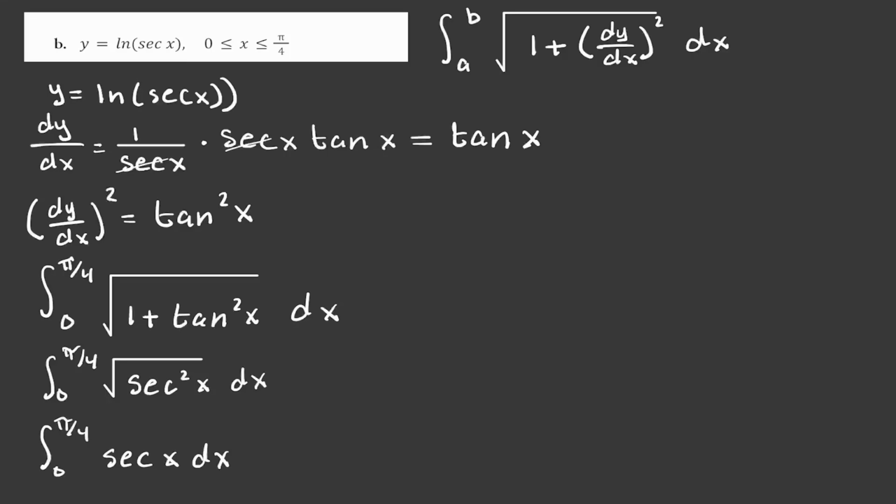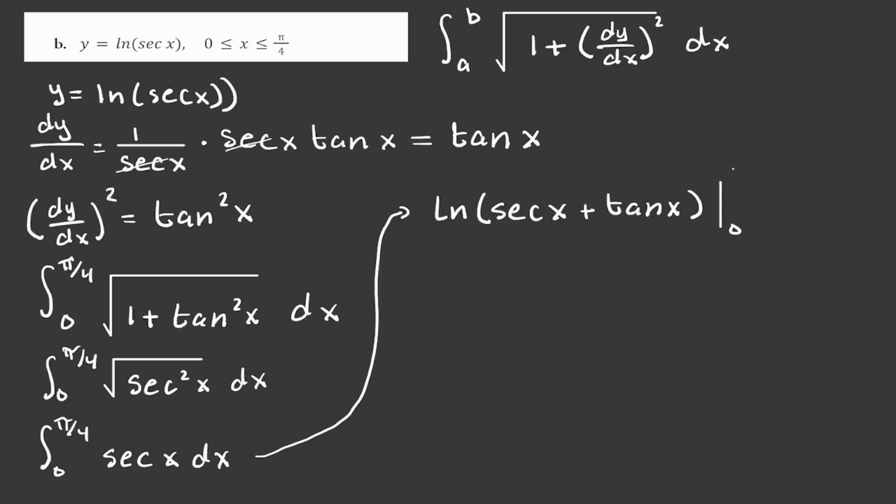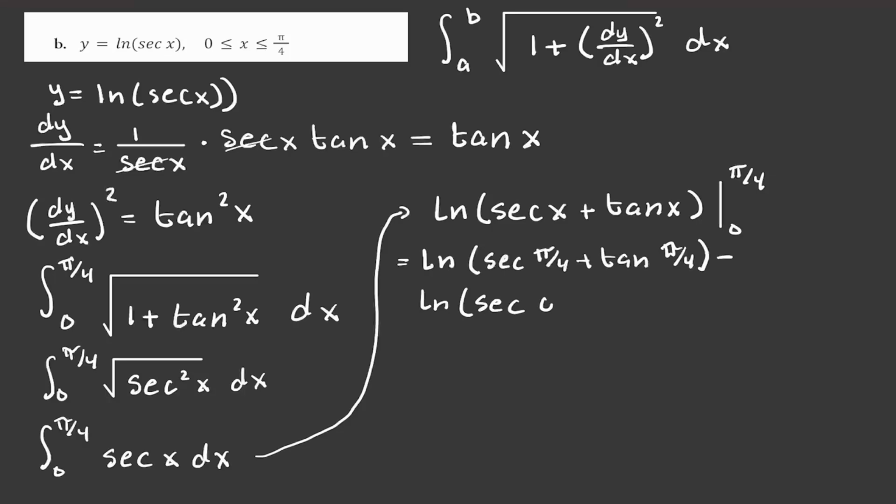Now from the integral table, we have the integral of secant x dx, and that is ln of secant x plus tan x, and we evaluate it from 0 to pi over 4. Now we input our condition, so ln of secant of pi over 4 plus tan of pi over 4, minus ln of secant of 0 plus tan of 0.